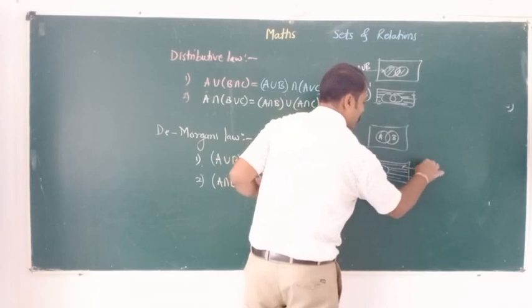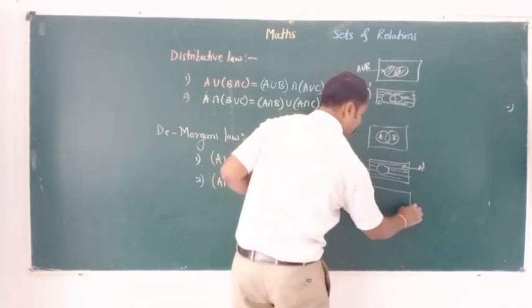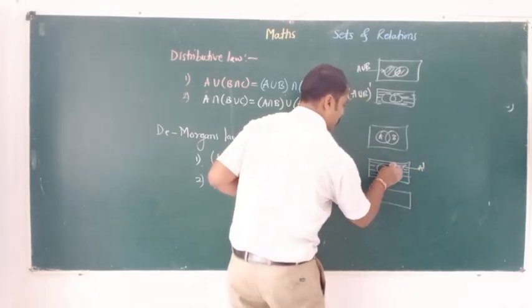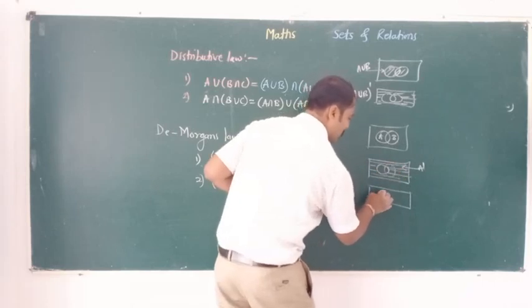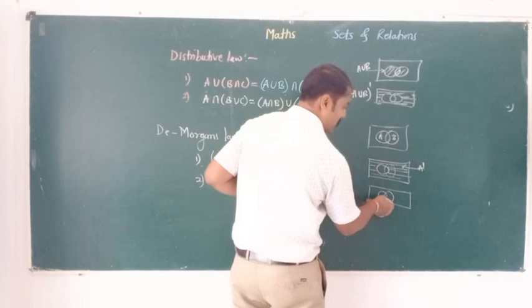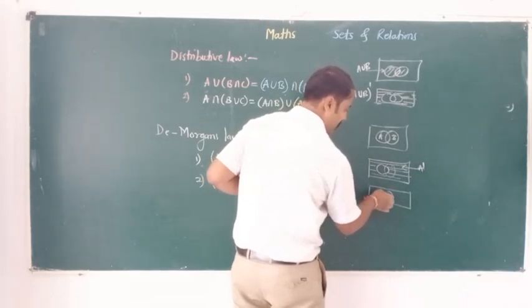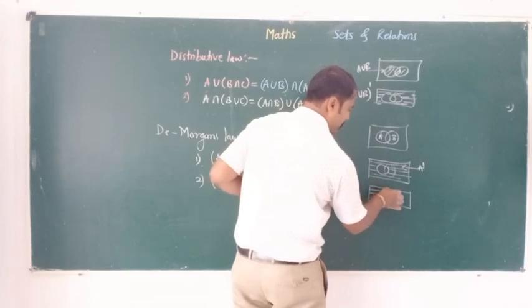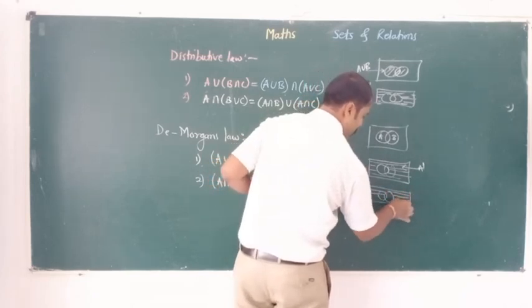And for B dash, it is the set of elements which are in U, not in B, these elements.